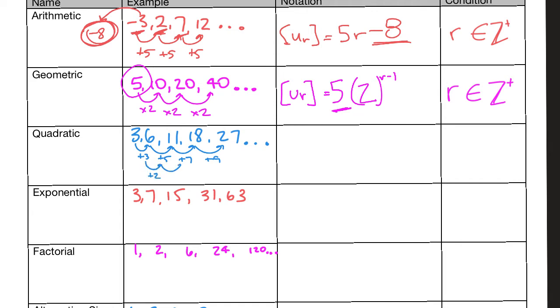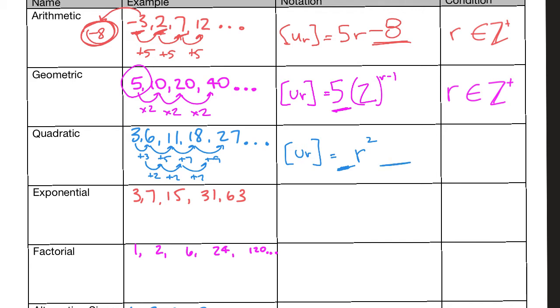This is adding 2, and that's adding 2, and that's adding 2. When that happens, it's quadratic. So when it's quadratic, you're going to start with this, and then it may take some adjustments. There may be a number out in front, there may be an addition or a subtraction over here.